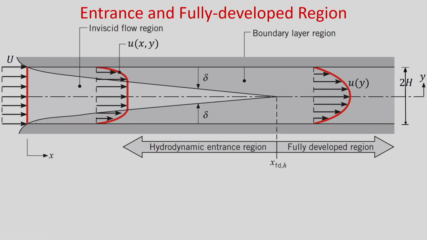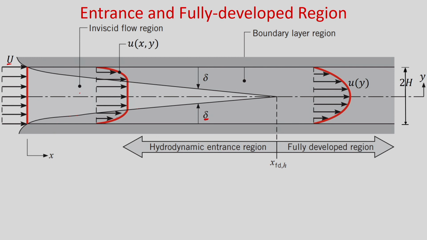So, you can see here, this is the flow inside two parallel plates, where the inlet velocity is u, uniform velocity, entering, and you can see the thickness of this boundary layer is gradually growing, and the region where the viscous effect is not there is known as the inviscid flow region.